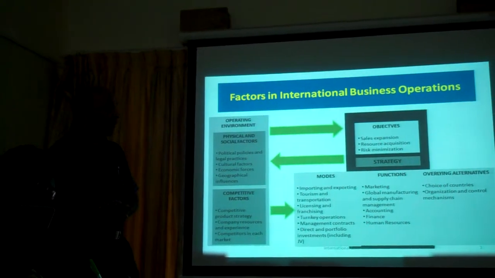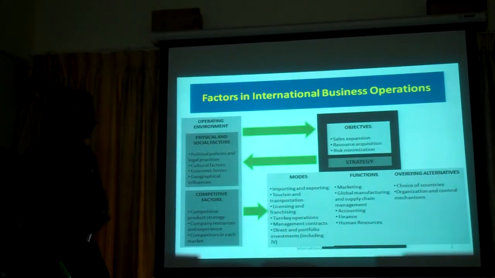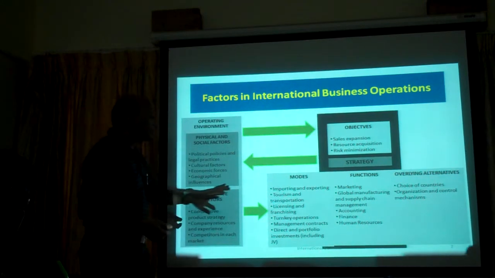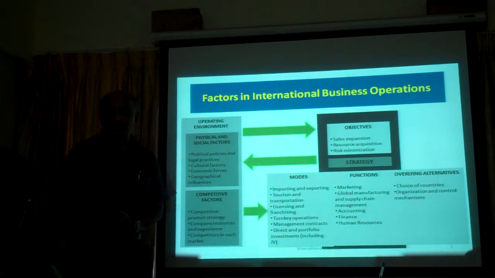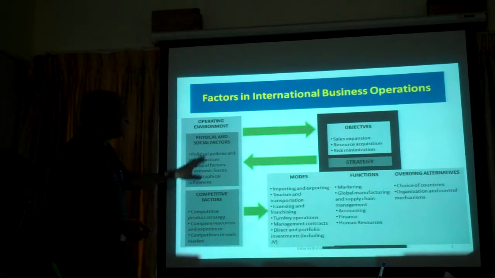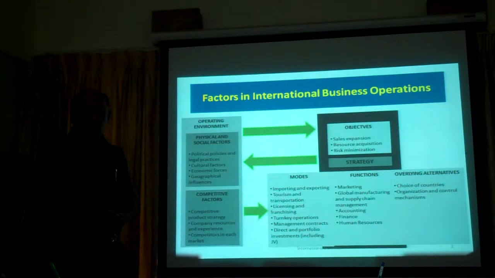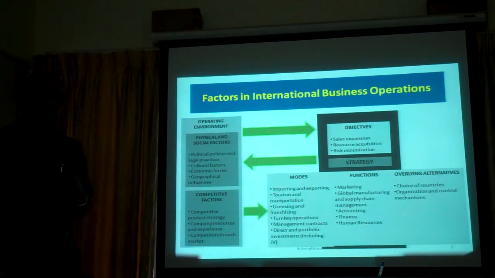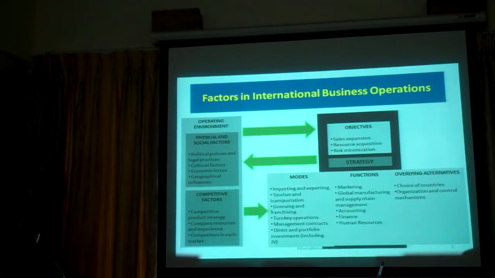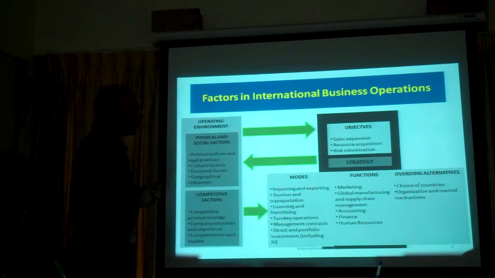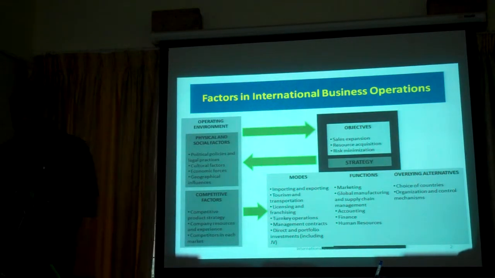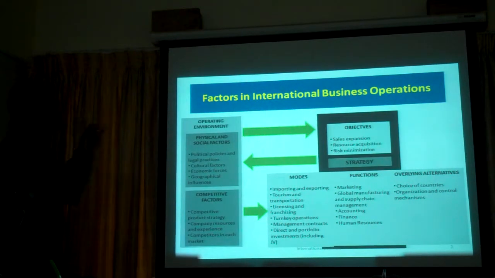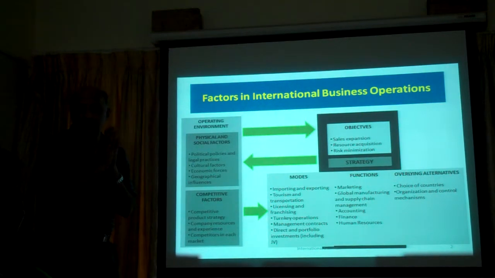And once you have chosen the country, the function that you want to internationalize, the mode in which you want to go international, and you have studied the competitive factors and the other factors, then how do you structure your organization? How do you structure the control, which is the most important? How do you organize that international business, and how do you organize the control functions? So this is what is covered overall in international business.